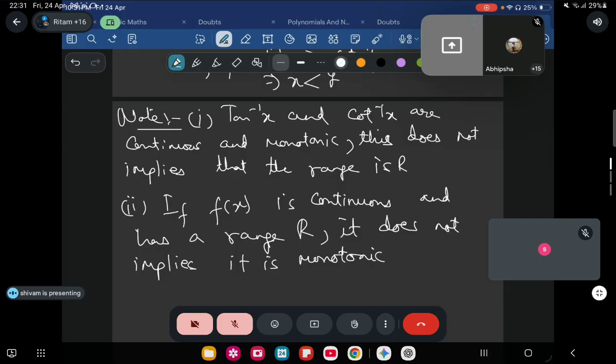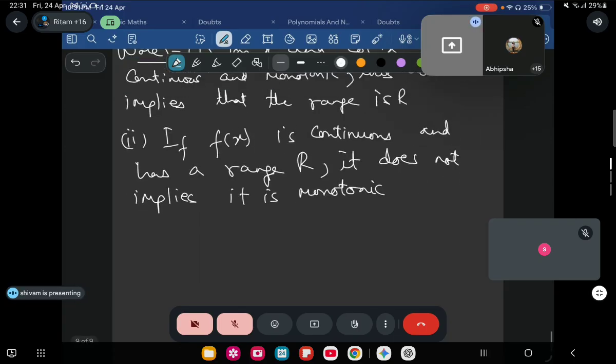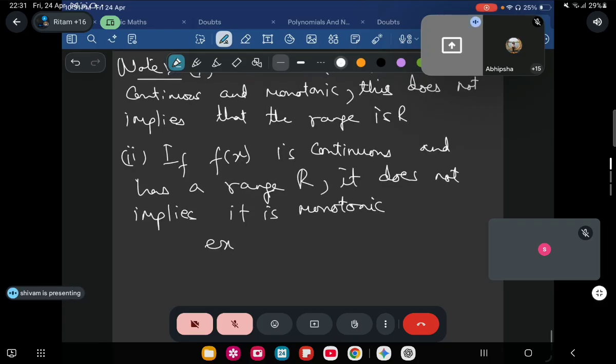For example, y equal to x cube minus 6x square plus 11x minus 6. So see, it is a cubic function. Now tell me, what is the factorization over here?